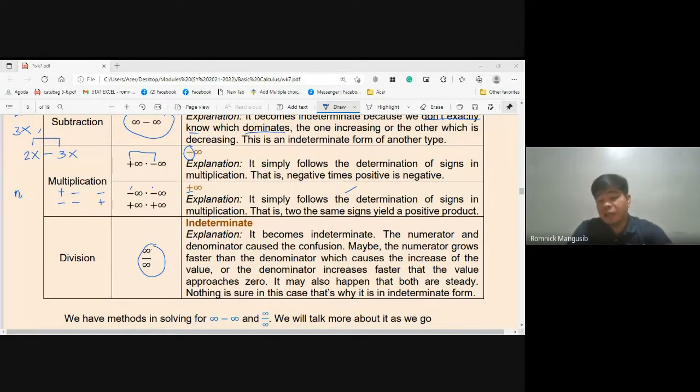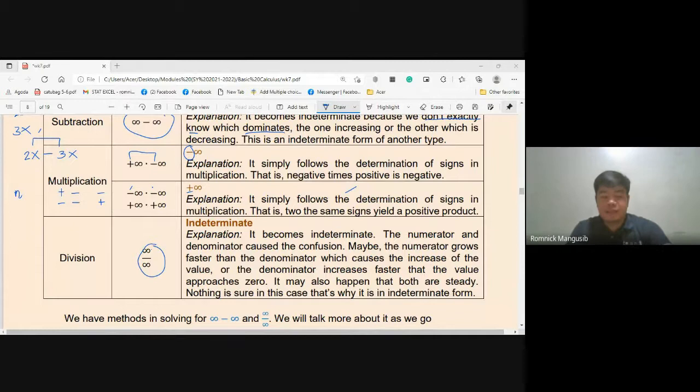Dahil kung ang denominator ang mas mabilis mag-increase, ano ang gagawin ng... Okay, think of it. Kung si numerator ang mas mabilis na mag-increase, then ano masasabi mo kay denominator ngayon? Masasapawan niya si denominator.